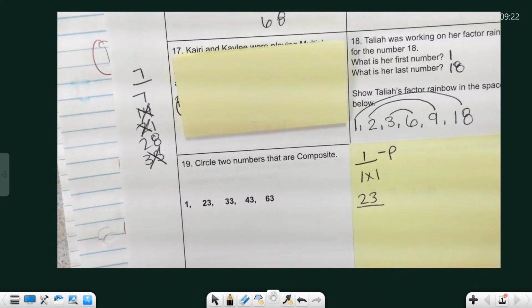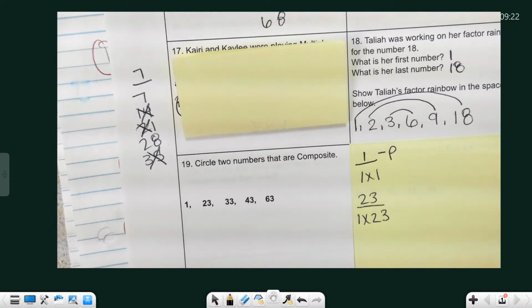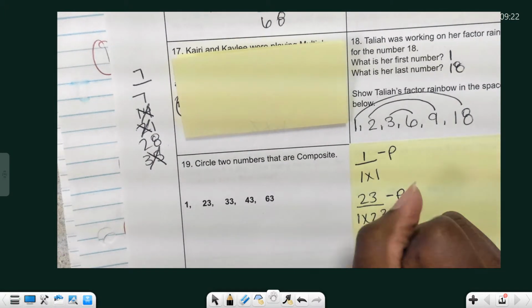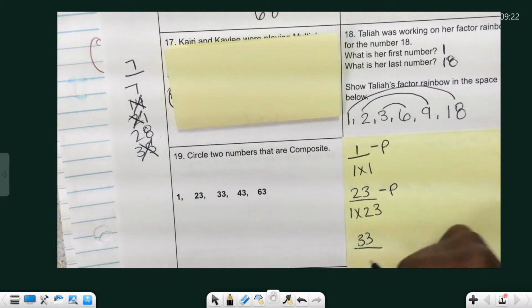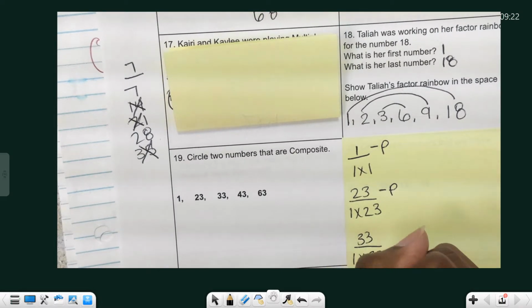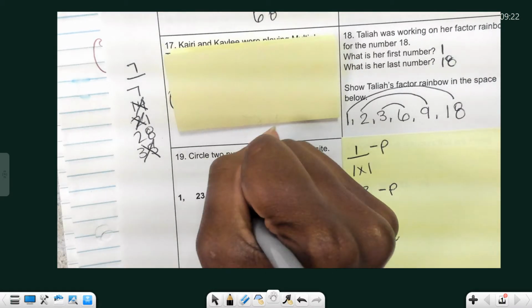23: 1 times 23, that's it, prime. 21: 1 times 21, 7 times 3. Anything else? So this is 3 times 11. 33: 1 times 33 and 11 times 3. So we can circle 33.